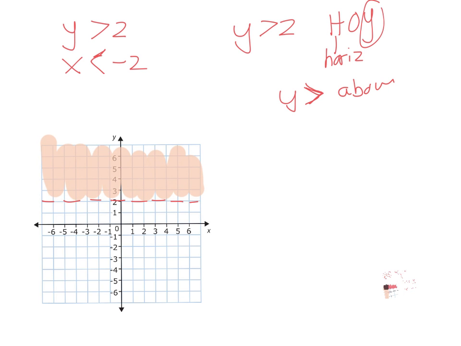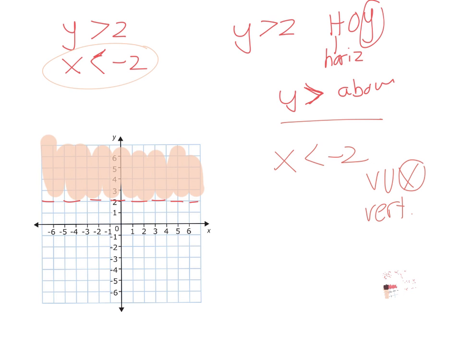Now I'm going to do the other one. x is less than -2. There's an x and no y, so that tells me this is a Vux problem. It's going to be a vertical line. On the x-axis, it's going to go through -2. Again, it's just x is less than, so a dashed line.